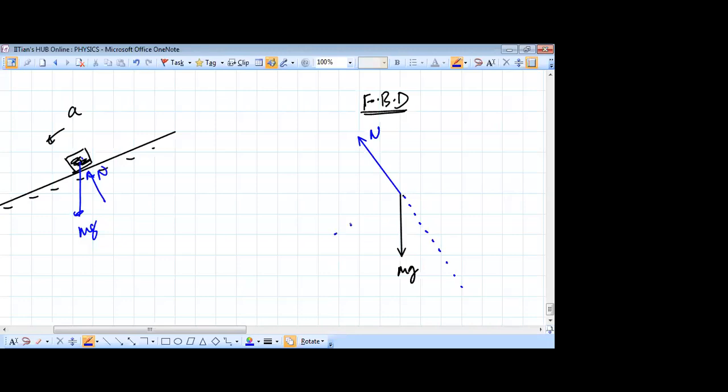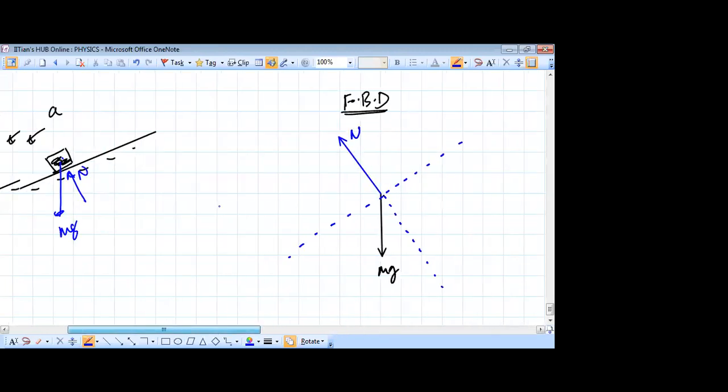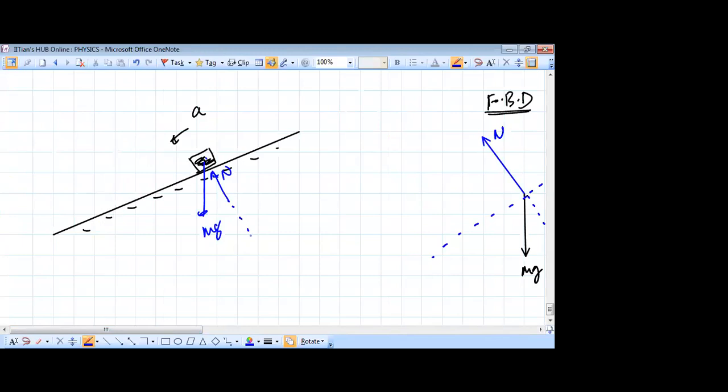The normal to the inclined plane is there, and this is the inclined plane's axis itself. So coming back in this diagram, you can see that this is that axis along which normal reaction is acting.